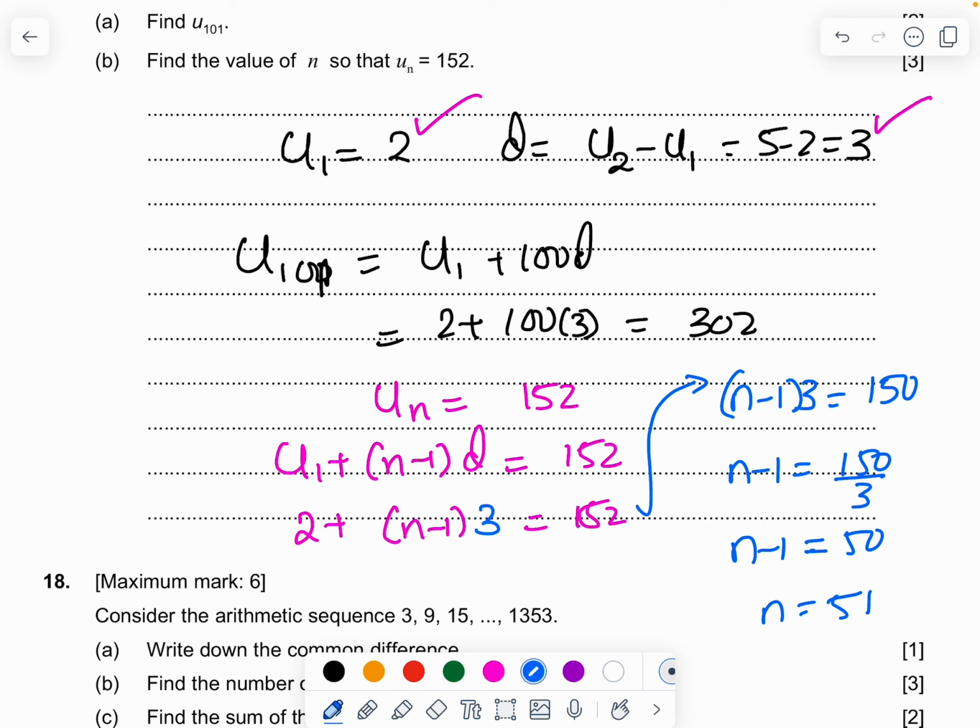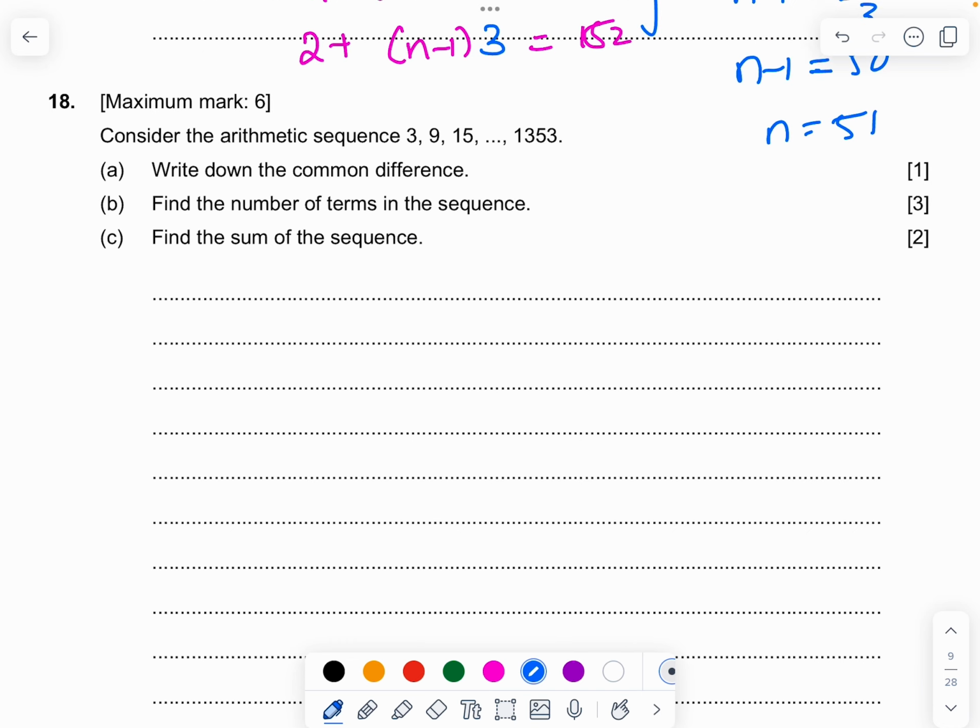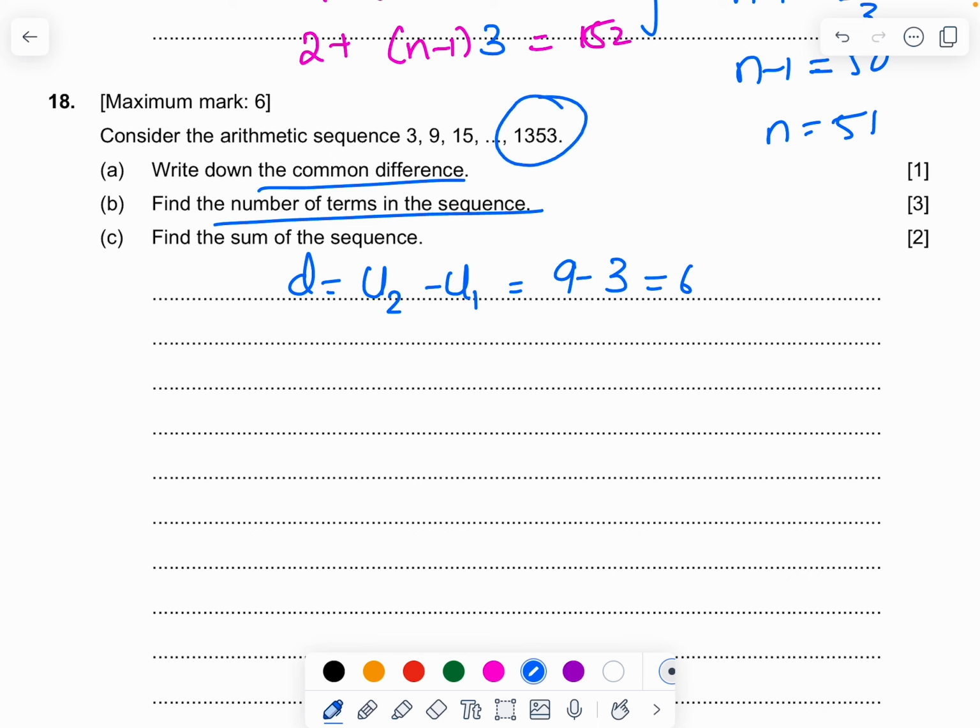Question number 18. Find the common difference. Common difference is u2 minus u1, 9 minus 3, 6. Find the number of terms. So we know that the nth term is 1353. Nth term formula u1 plus n minus 1 times d equals 1353.